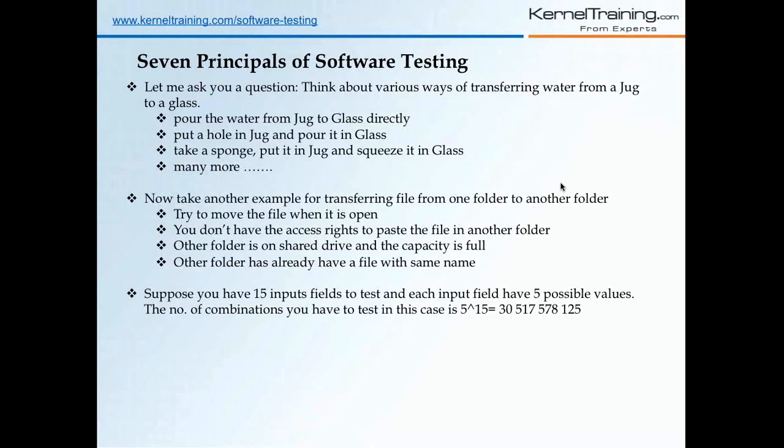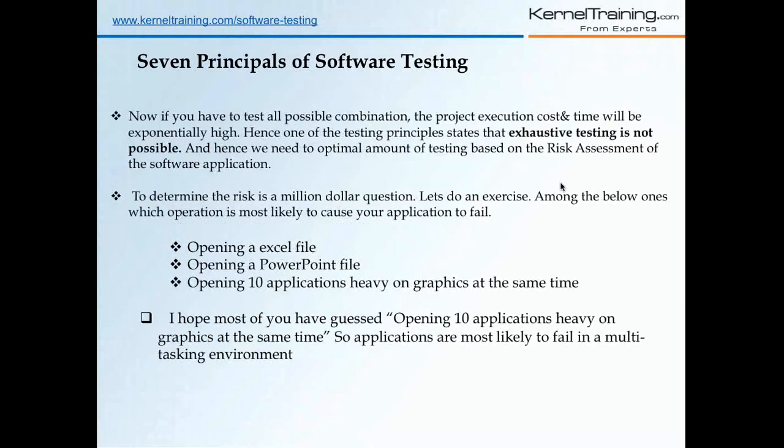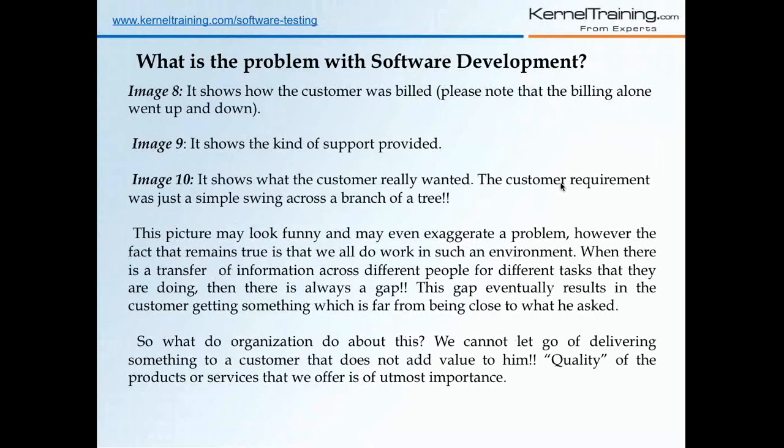Basically, say for example, I want to ask a question. You have a jug and you have a glass or a tumbler, right? You have to transfer water from the jug to that particular tumbler or glass.